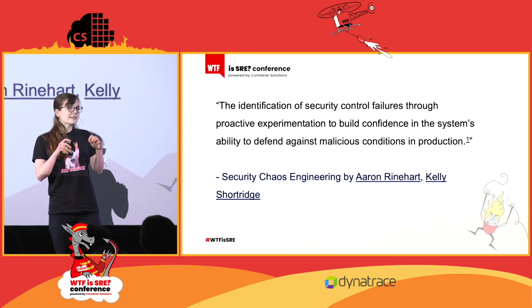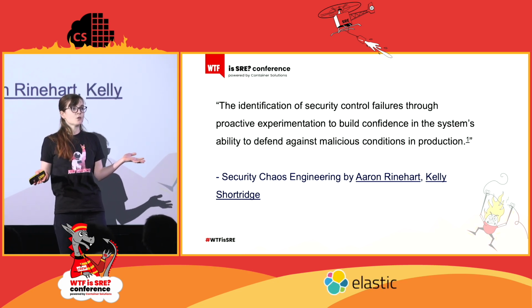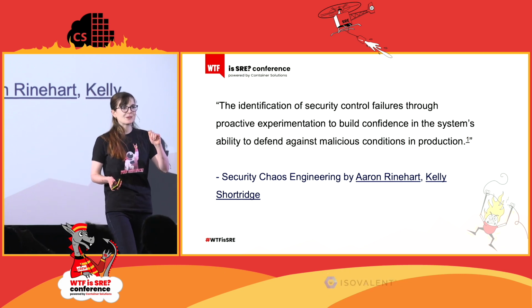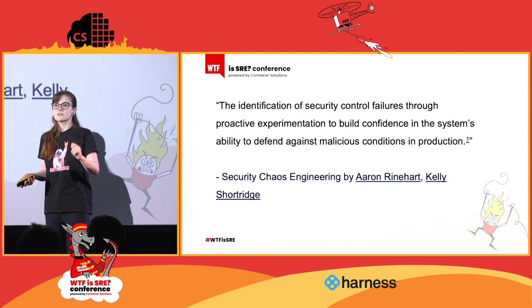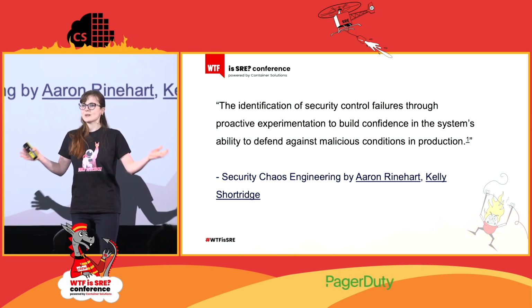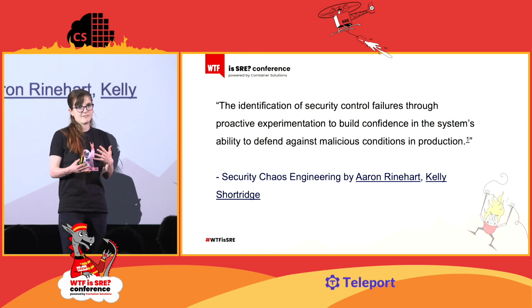Now, it is defined as identifying security control failures through proactive experimentation to build confidence in the system's ability to defend against malicious conditions in production. So how do you know that your applications, your processes are not running any malicious processes, right? You want to verify that that's not the case.